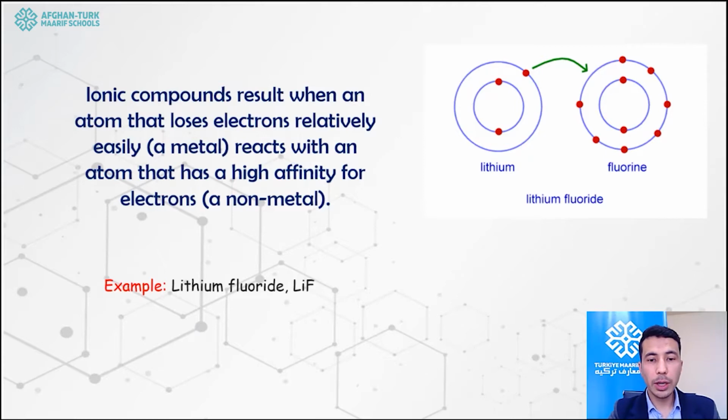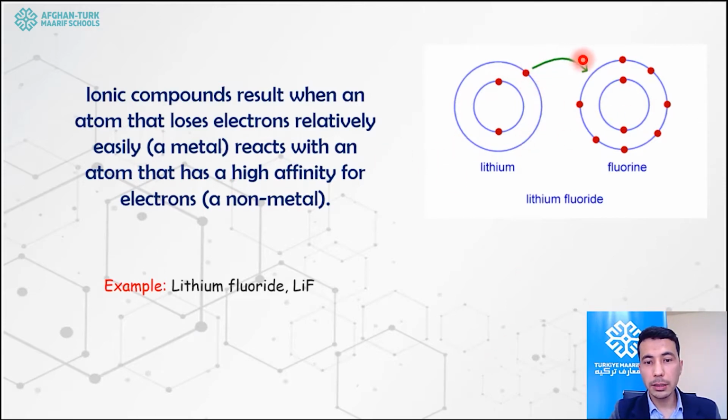They gain electrons. Over here you can see we have lithium and fluorine. Lithium has 3 electrons and fluorine has 9 electrons. This is the valence electron of lithium and these are the valence electrons of fluorine. Lithium has 1 electron in its outermost shell. Fluorine has 7 electrons. Fluorine is more electronegative than lithium. So what happens when they react with each other?